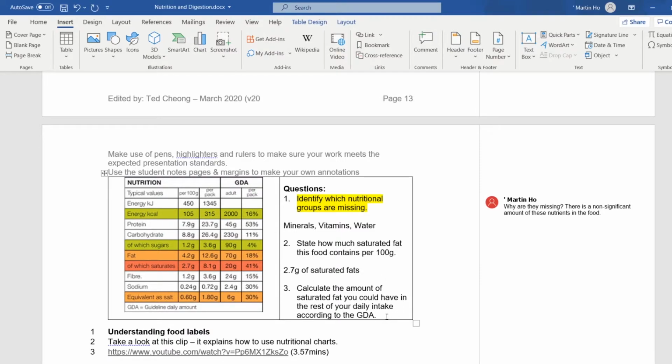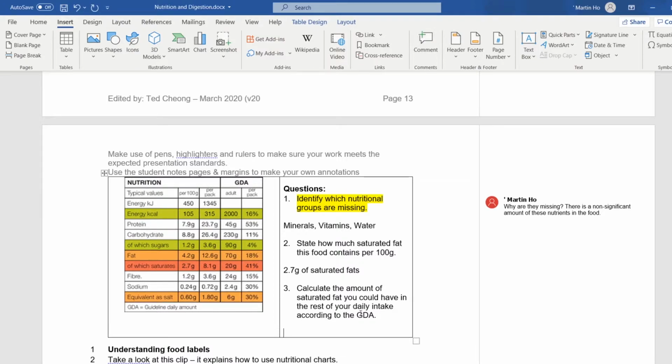Lastly, calculate the amount of saturated fat you can have in the rest of your daily intake according to the GDA. So our recommended intake is about 20 grams, whereas the saturated fats in this product is 2.7 grams. They give us the percentage as well per pack.